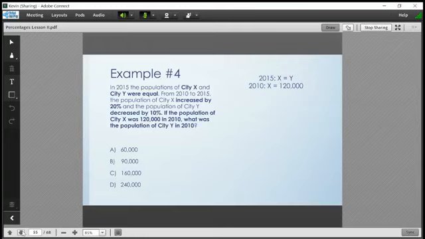So what I have to figure out now is what I'm going to do with that 120,000, because that's the only value, the only given that I have right now, besides the percentage increase and decrease. Since we're going to be increasing by 20%, and I'm going from the original to the new, from 2010 to 2015, because it's an increase, I'm going to add the percentage.